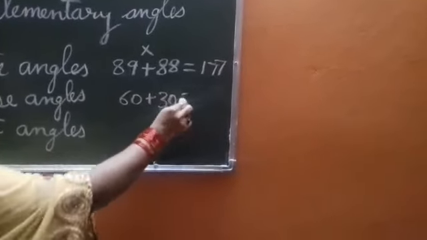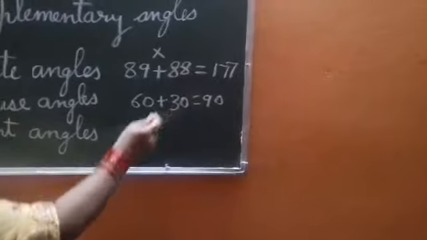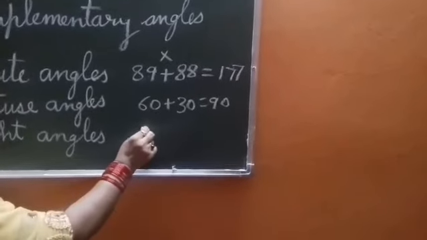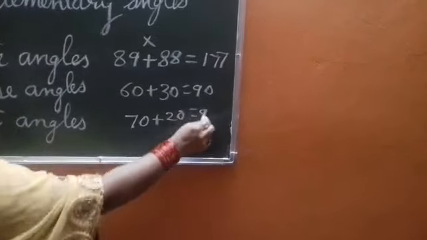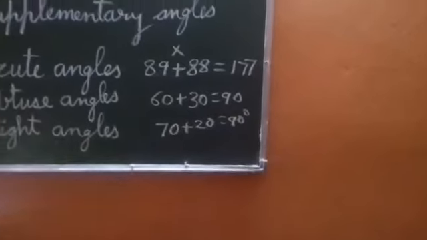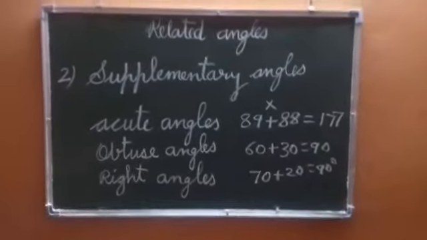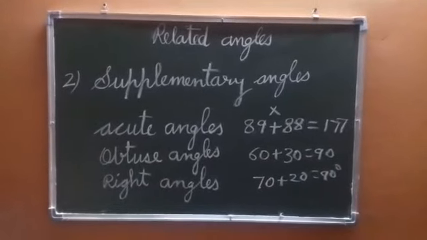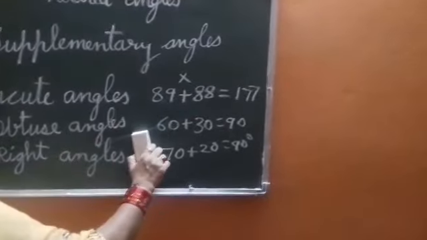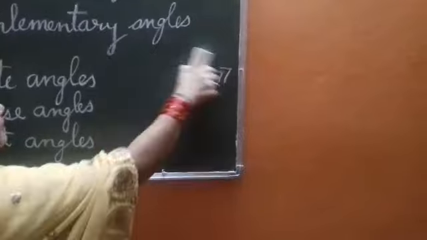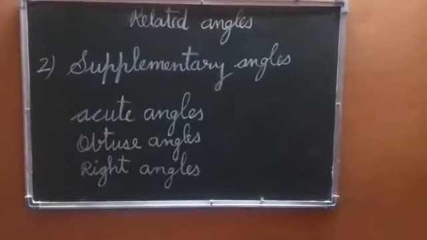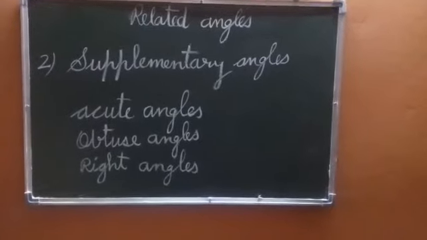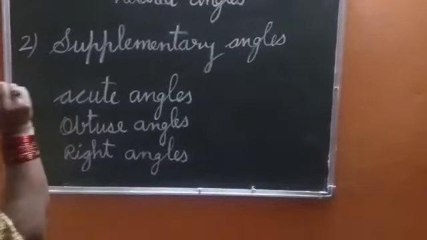See, the sum will be only 90 degrees. I may take 70 and 20 also. The sum will be 90 degrees only, not more than that. But to reach the level of supplementary angles, we need 180 degrees. So two acute angles cannot be supplementary at any cost.